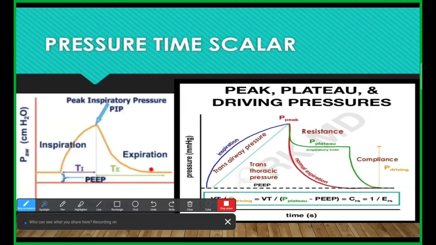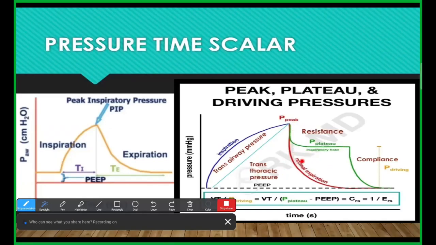But when you apply an inspiratory hold, you can differentiate between your transairway pressure and your transthoracic pressure. This is the peak inspiratory pressure. When you apply an inspiratory hold, there will not be any airflow or resistance. So the pressure drops down suddenly and maintains a plateau. This is mainly due to the compliance of the alveoli.